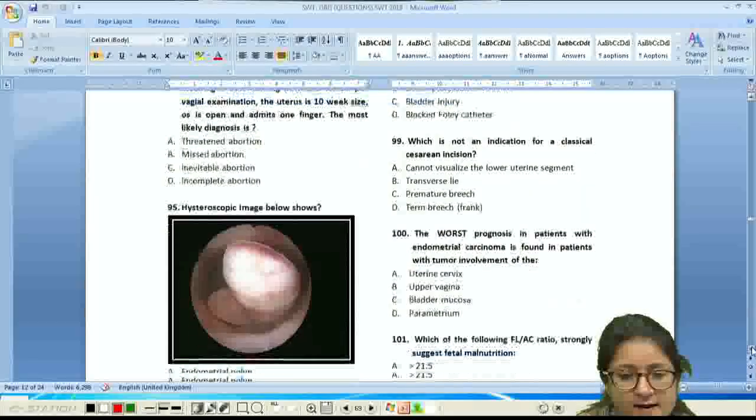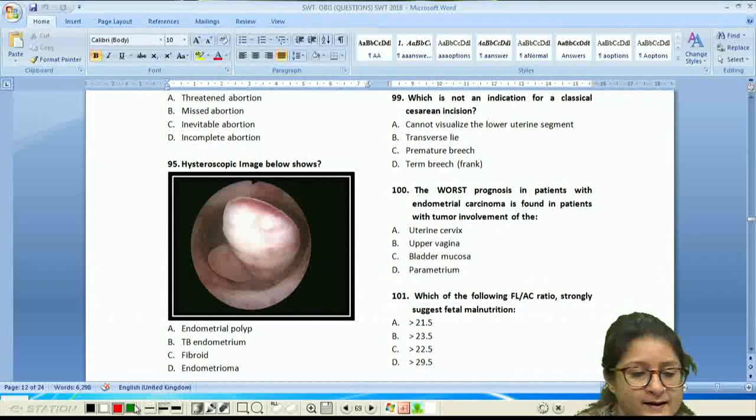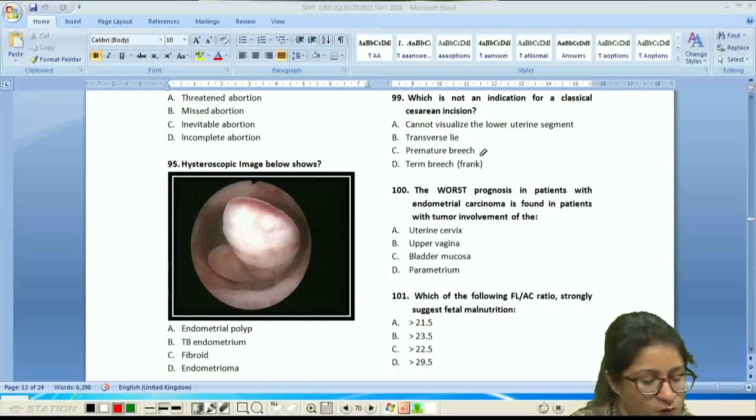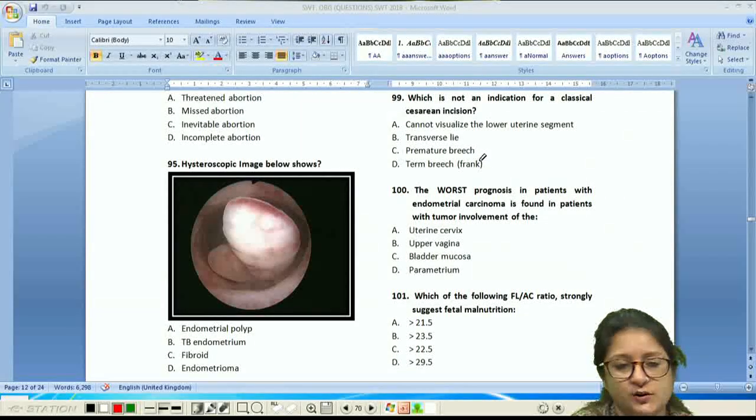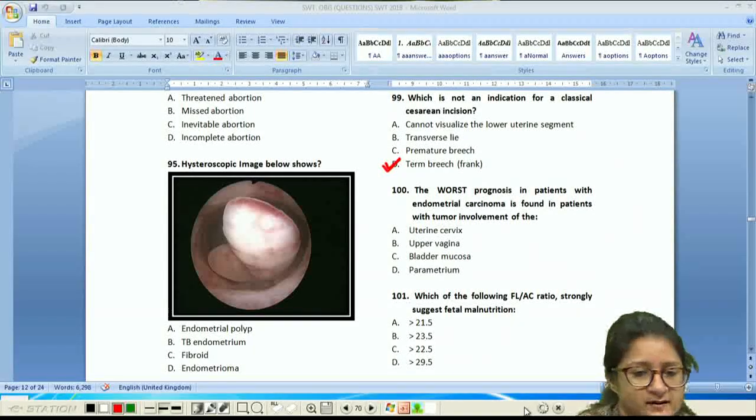Question number 99, which is not an indication for a classical cesarean section? Now, not an indication for a classical cesarean section, the answer is term breech. Why would you need to do a classical cesarean section for a term breech?